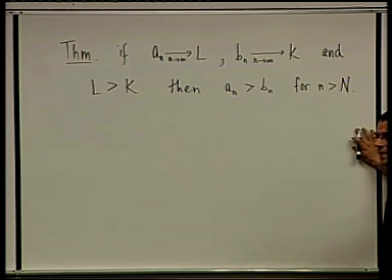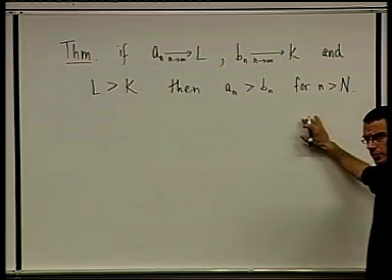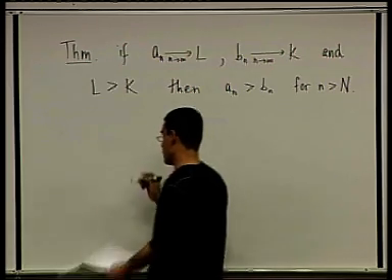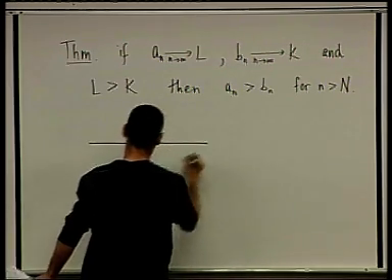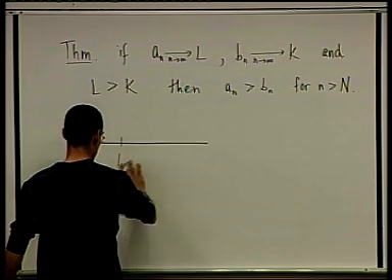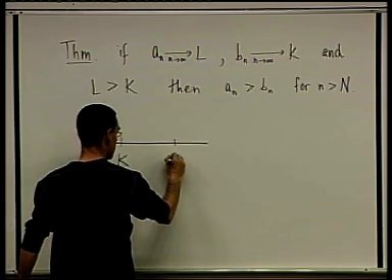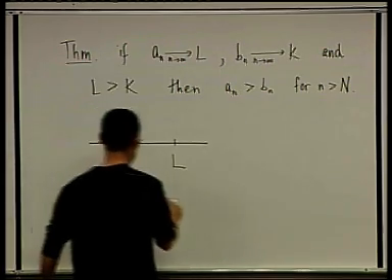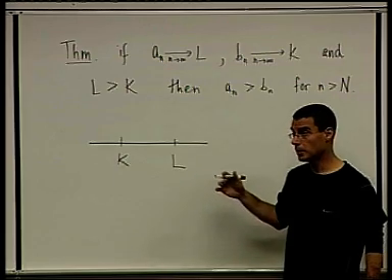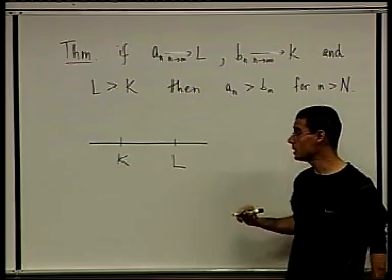Okay? Let's think for a minute why this makes sense. Well, just a quick drawing. Here's L, which is the bigger one. Here's K, and here's L. This is just the idea of the proof. I'm not going to completely formalize it, just the idea.